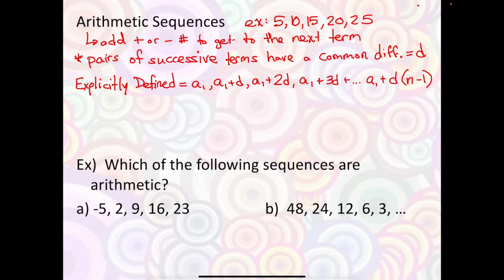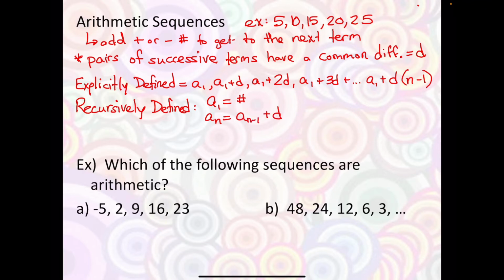If we were looking at an arithmetic sequence defined recursively, then it would look like a sub 1 equals whatever number is our first term. In this case, it would be 5. And then our next term, a sub n, is our previous term, a sub n minus 1, plus d.